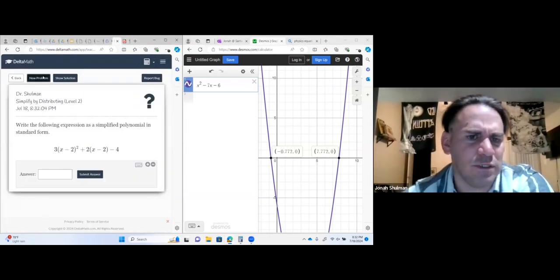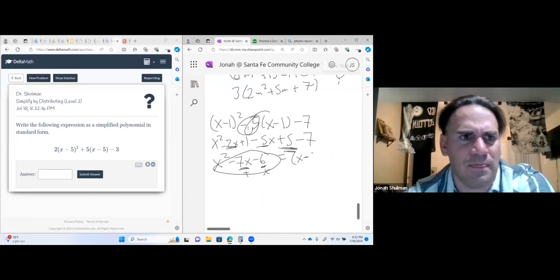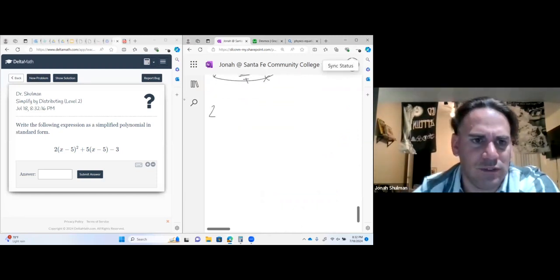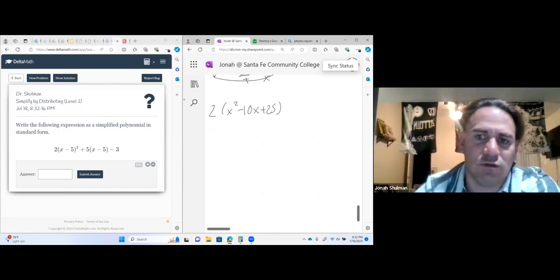I might as well just pick a hard one. Which one looks scary? I guess they all look the same. That looks like the hardest one. So it's 2 times x squared minus 10x plus 25. I'm just doing the first part first.